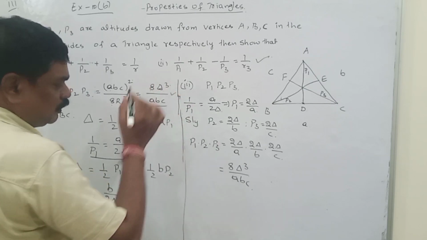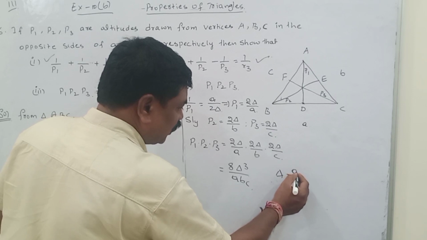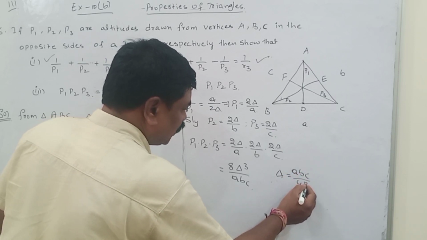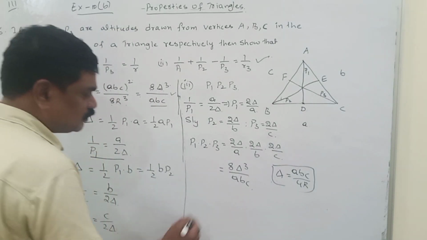So this one is completed. But we know delta is equal to ABC by 4R.